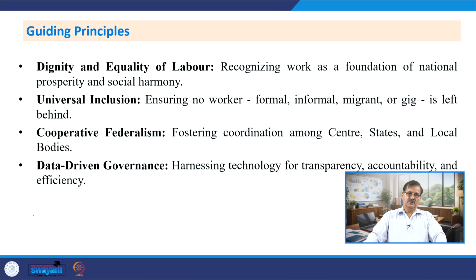Then the fourth guiding principle of the policy is data-driven governance. Collecting, analyzing data, and drawing inferences is very important, and technology can be harnessed for getting a transparent, accountable, and efficient system in the country.